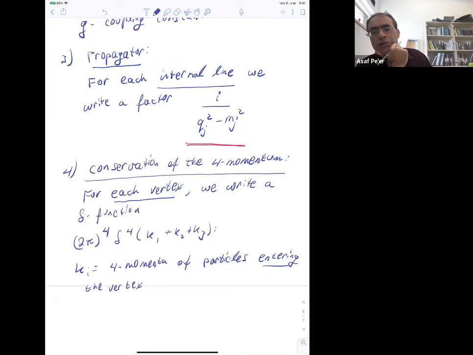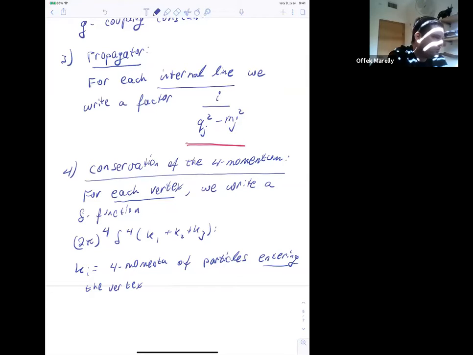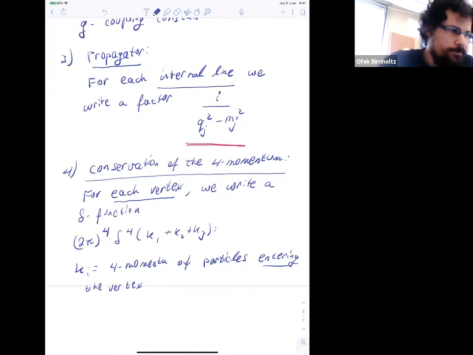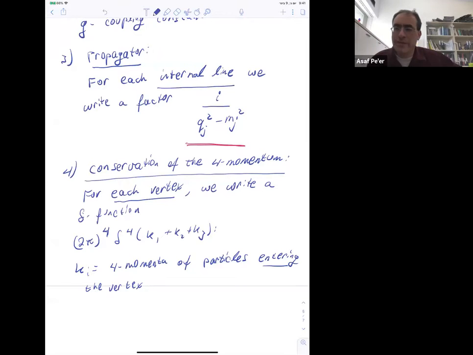What if the particles are outgoing, away from the vertex, and the arrows point away? What do we do with the delta function? Minus the momentum. We talk about conservation of momentum: the total momentum that gets in needs to be equal to the total momentum that goes out.